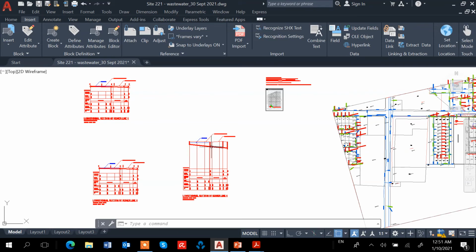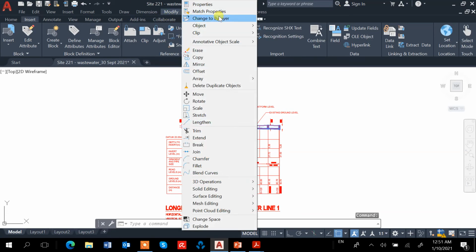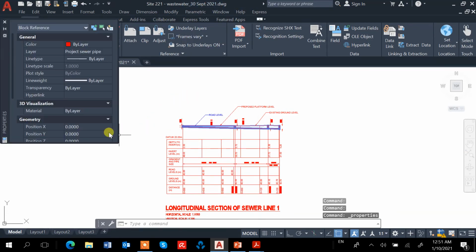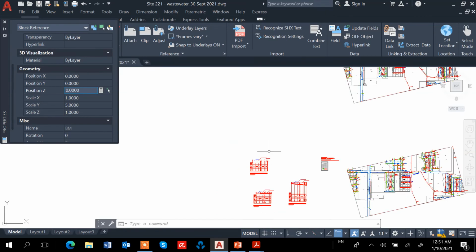So what I can do to blow up the 5 times vertically: from here I highlight it, and then I go to modify the properties. Under geometry, XYZ, the one going up is actually Y. So I just change it to 5. Oops.